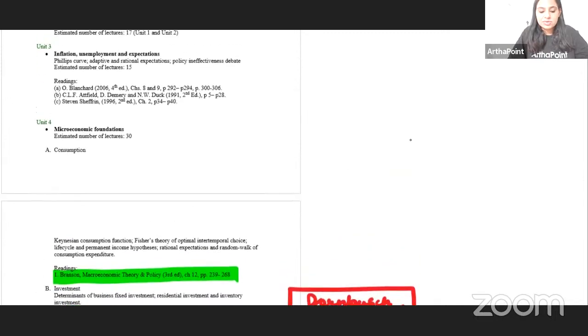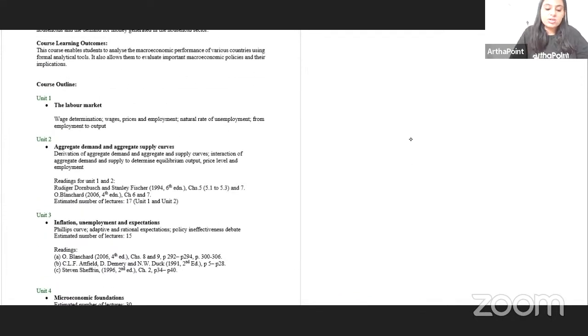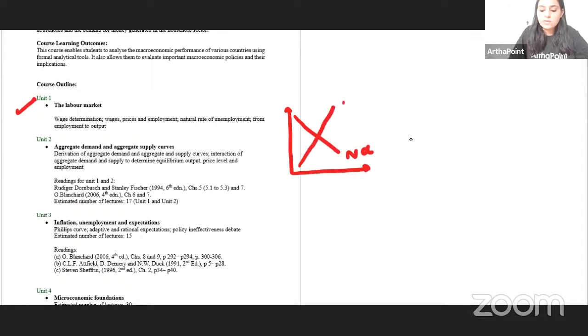Whether you are from Delhi University or not, this is the most important book. Now let's look at the syllabus. The first unit is labor market. We want to understand what is the demand of labor, what is the supply of labor, and how demand and supply determine equilibrium labor and the wage rate.